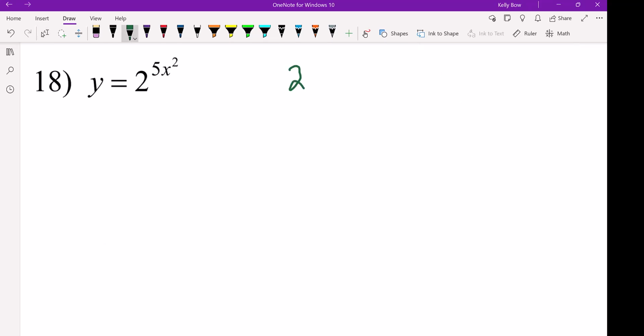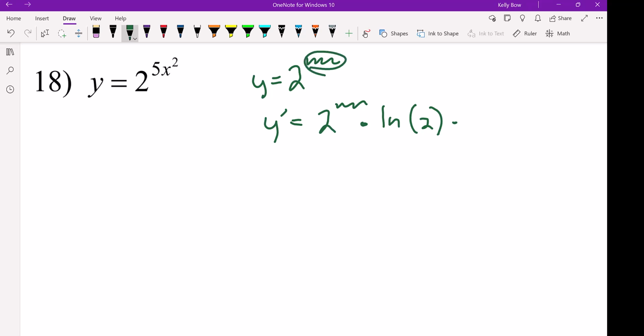if you have 2, and then there's another function up here, the derivative is 2 to that something, that original, times the natural log of base 2 times the derivative of whatever that function is in the exponent. So I'll show you an example.